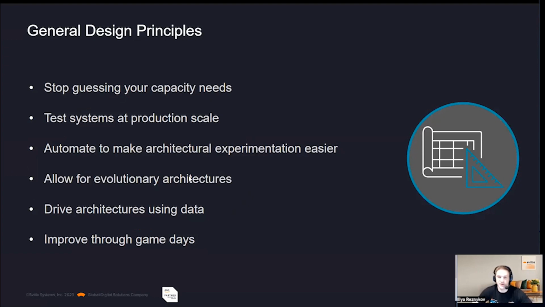So you probably see that these principles are related to those benefits, but still they could be applied not just to cloud. Let me quickly go through these principles. The first of them is: stop guessing your capacity needs. It means that we should create our architecture so as to be able to cover everything which could happen.